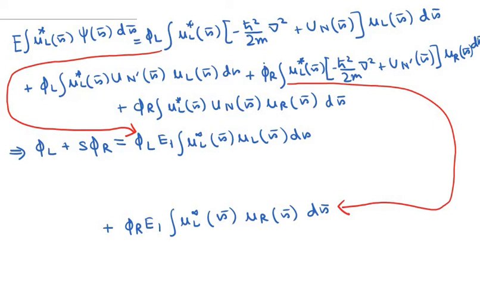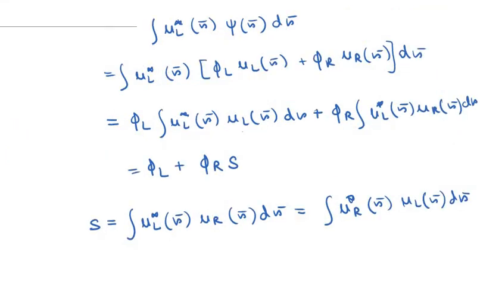So let me write it here. Let's go to a new page. So we'll denote the second term by the letter A. This is equal to the integral of UL star R UN dash R UL R dr. And due to the symmetry of the system, because if I flip the system around the mid axis, there is no way of knowing if I have actually flipped the system or not, because it is symmetrical.